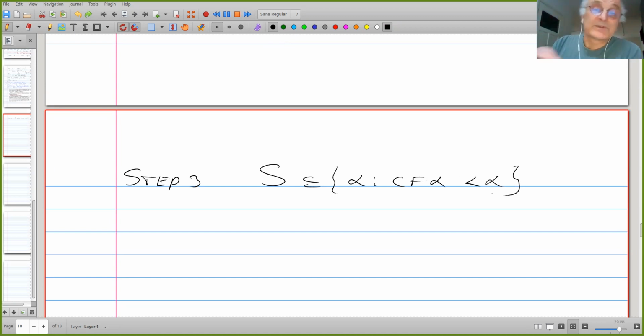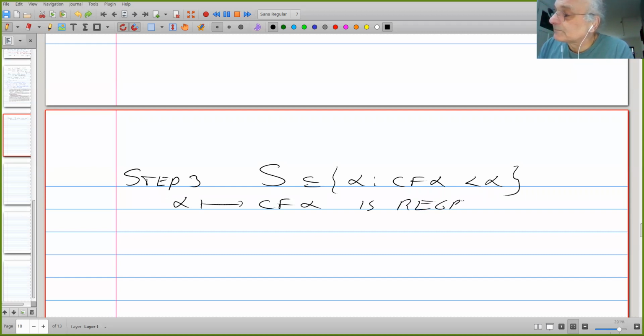Suppose S is a subset of all the ordinals that have cofinality smaller than themselves, the singular ordinals, so to speak. Well, then we have the fortunate situation that the cofinality function is regressive.